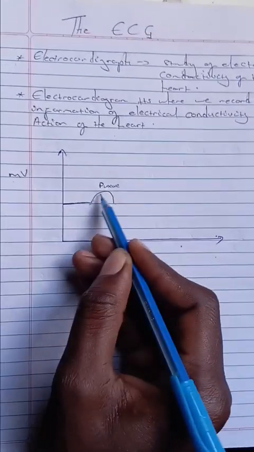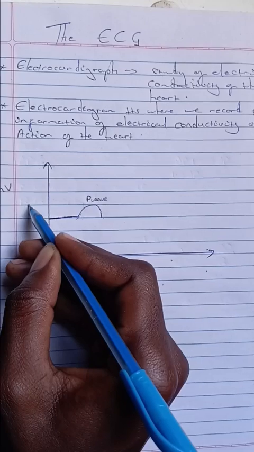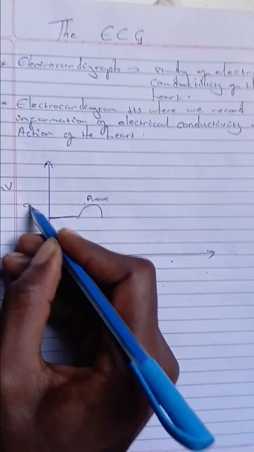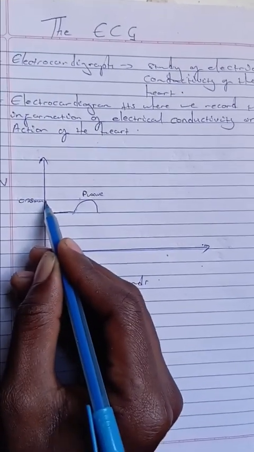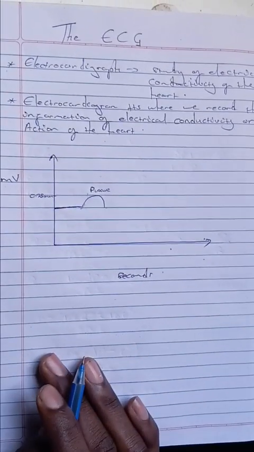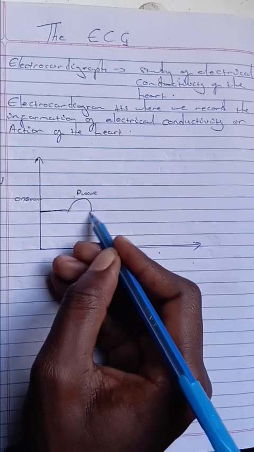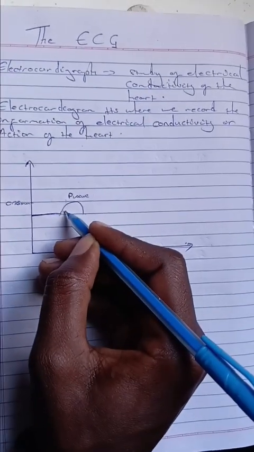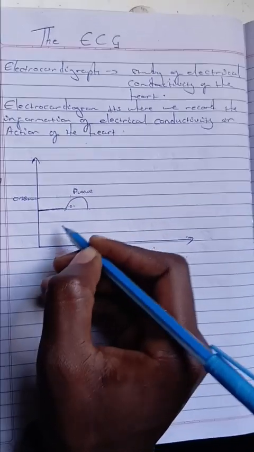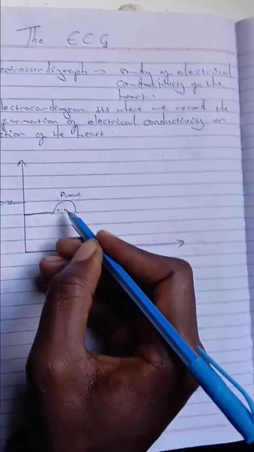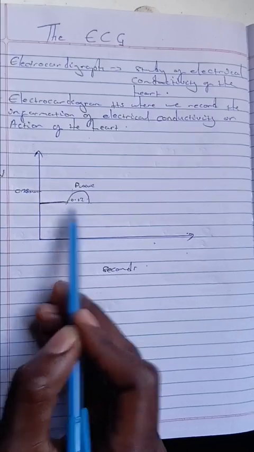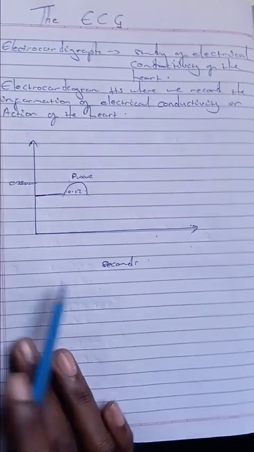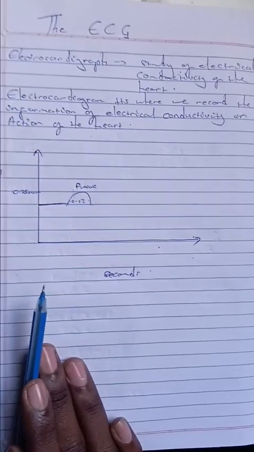The amplitude for this one is around 0.25 millimeters, and also the time is around 0.12. When it is less than 0.12, there is an abnormality with the myocardium.